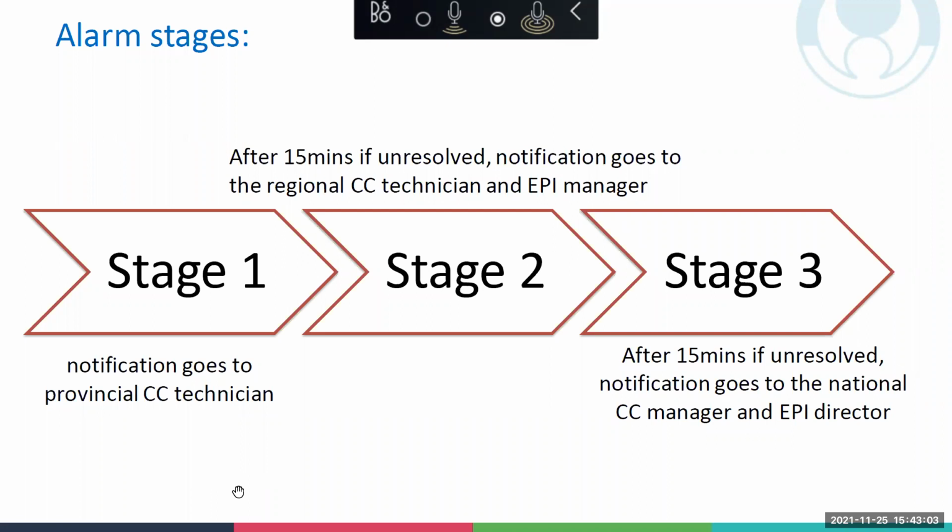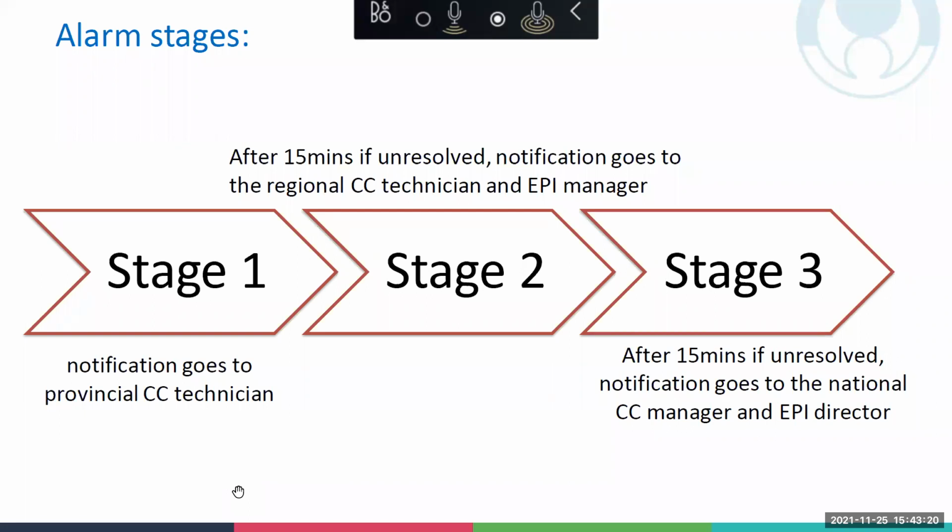Next slide. So like I said before, alarm stages are in three stages for us. Immediately when a temperature excursion occurs, the stage one alarm is sent to the regional cold chain technicians and also the responsible EPI manager there.